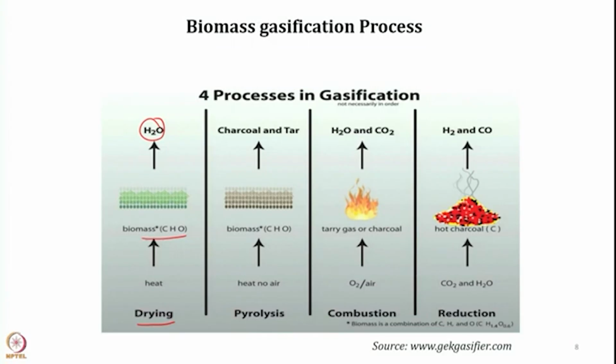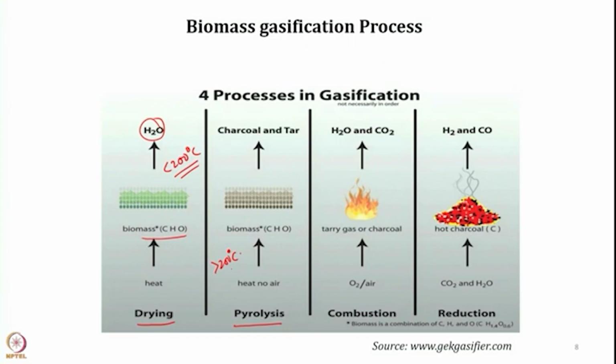So, first we need to dry it, and this happens below 200 degrees centigrade. Above 200 degrees centigrade, the organic molecules start undergoing thermal decomposition, or pyrolysis. Below 200 degrees, the molecules do not undergo any compound level change, and nothing new will come out.